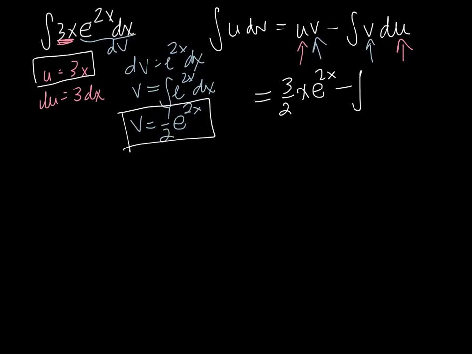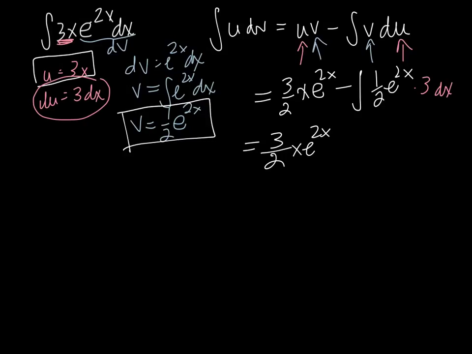Minus the integral of v, again, 1/2, e to the 2x. Now I need du this time. So times 3 dx. Okay, so this is 3/2 x e to the 2x minus, now I've got a 3 times a 1/2, so I'll bring that out to the front, and then integrate e to the 2x.